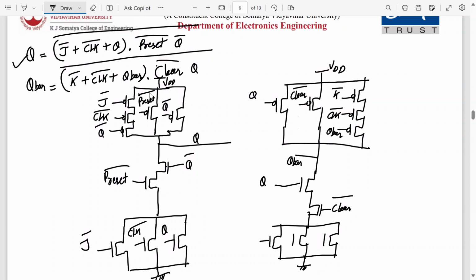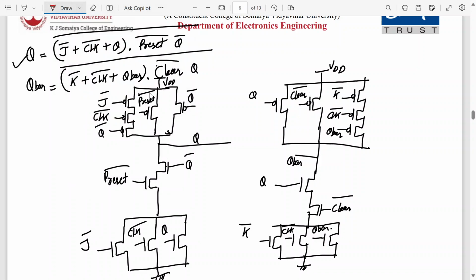This will be K bar, clock bar, and Q bar. Is this okay now? Hello? Yes, sir. Okay, this orientation also I'll change. This will be Q bar.